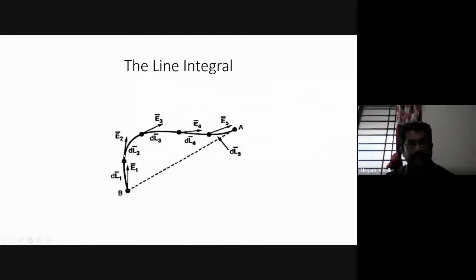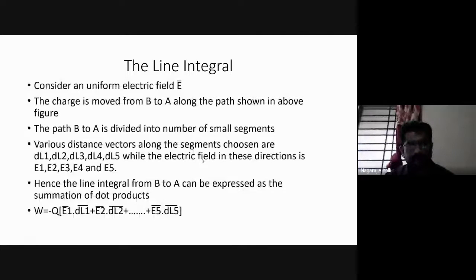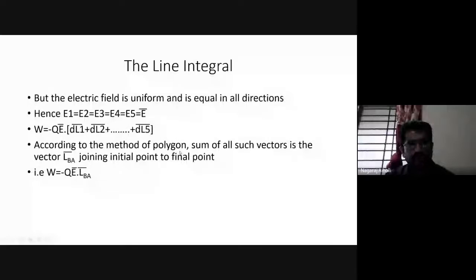If we are considering some path between the initial point and the final point, the resultant of all these segments is the one obtained from the line joining the final point with the initial point. That gives our resultant. That is called the method of polygon.